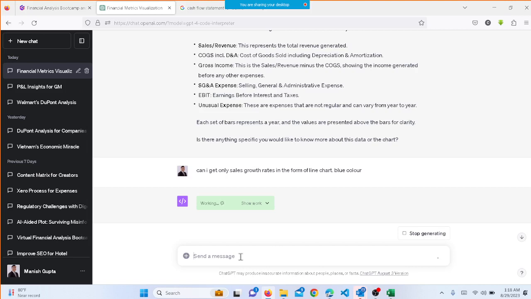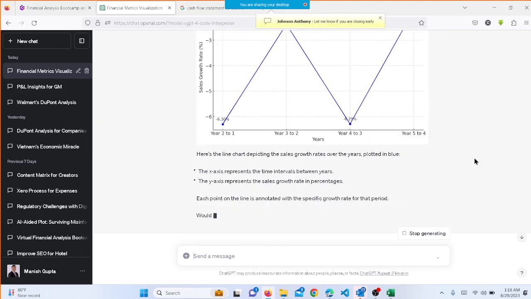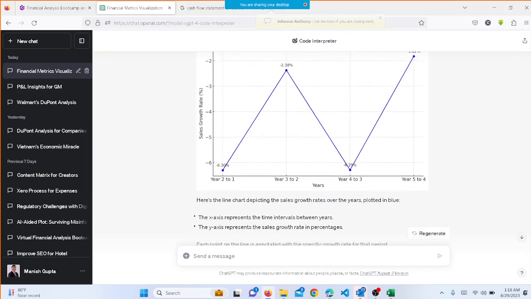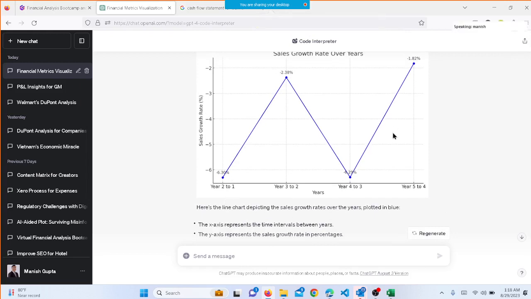So it may be able to create that. Let's see if it's able to create that graphic for us. Yeah, so it can create it and it's blue color, right?